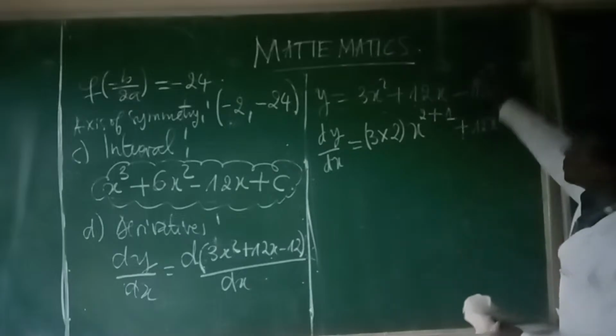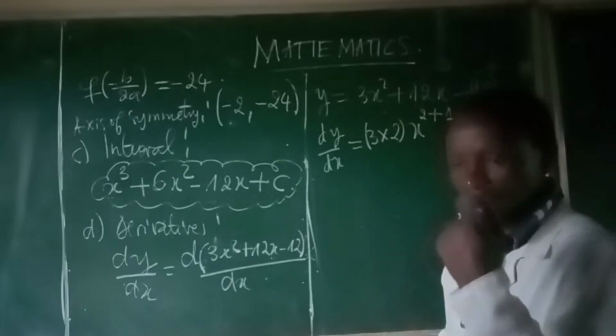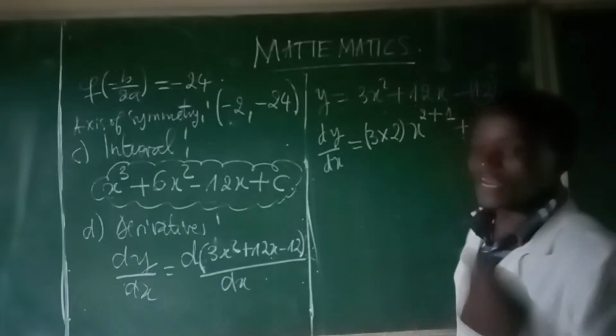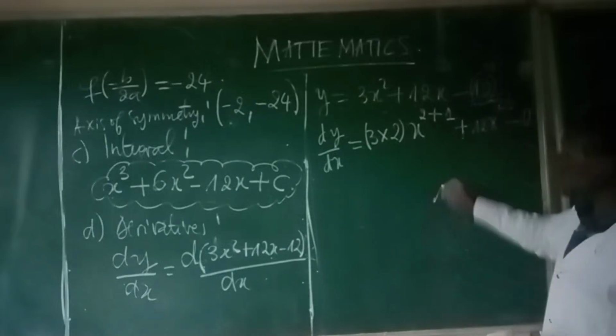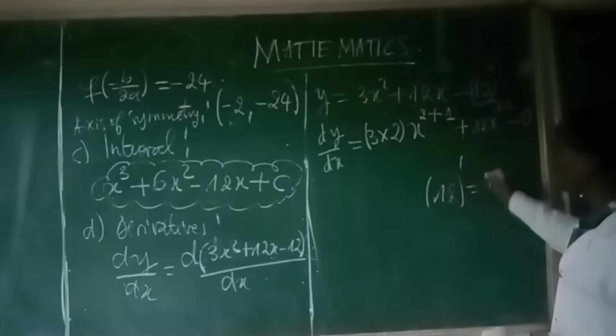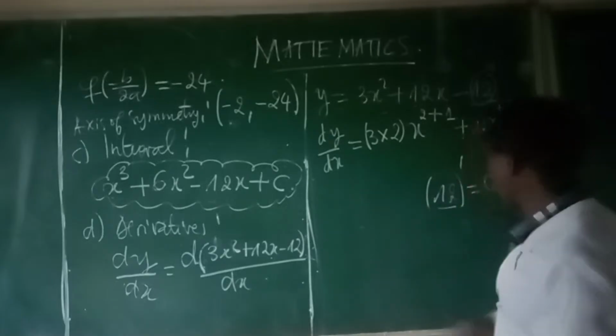This is a constant. We say constant when the number has no variable or no unknown. It is a constant number. Its derivative is equal to 0. The derivative of 12 is equal to 0, it is a constant number, it has no variable.